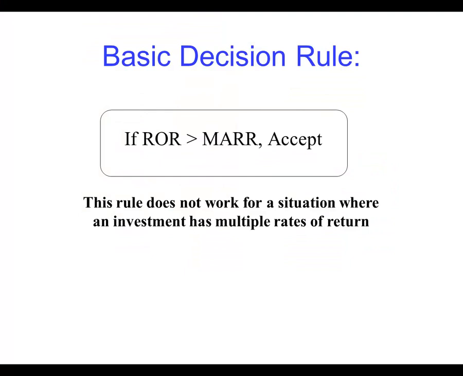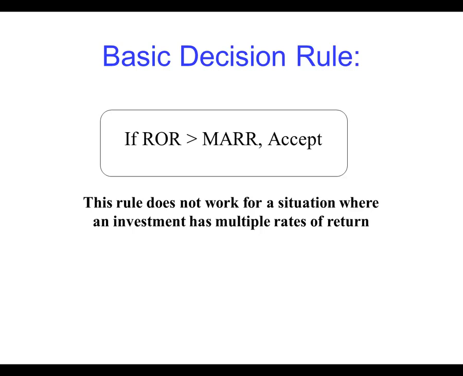No matter which method we use, we need to know that if the rate of return is greater than the minimum attractive rate of return, then we need to accept the investment.